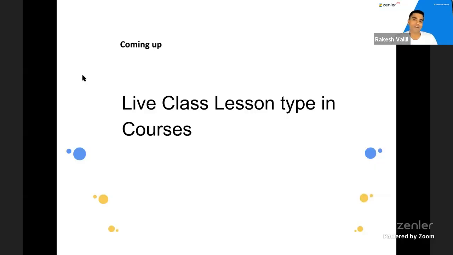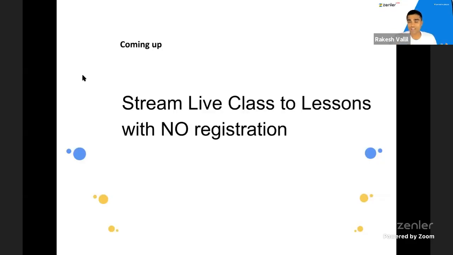So now we are working on a lesson type where with one click you can add a live class, just like you can add an audio lesson or video lesson, and then you can attach a live class onto it. And then guess what? Once we do that, you will have the ability to live stream your live class into your lessons without any registration.